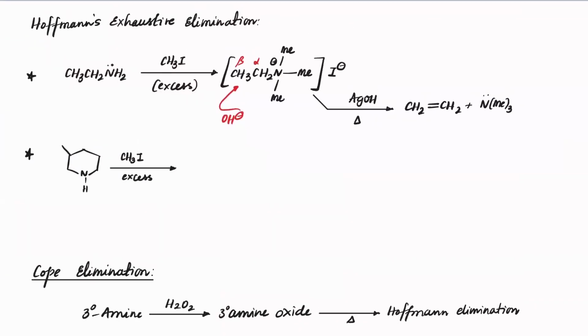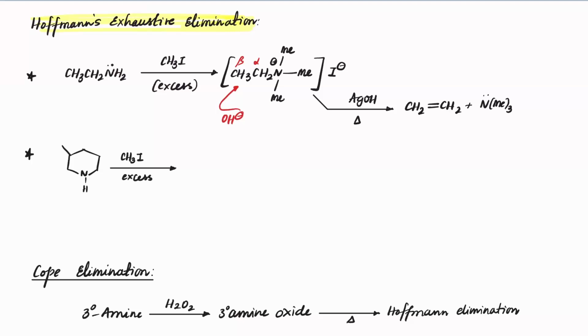Next, coming to Hoffman exhaustive elimination cases. This we have done before, how the Hoffman exhaustive elimination works. I'll just brush it up quickly. In the same chapter, we did some problems also.